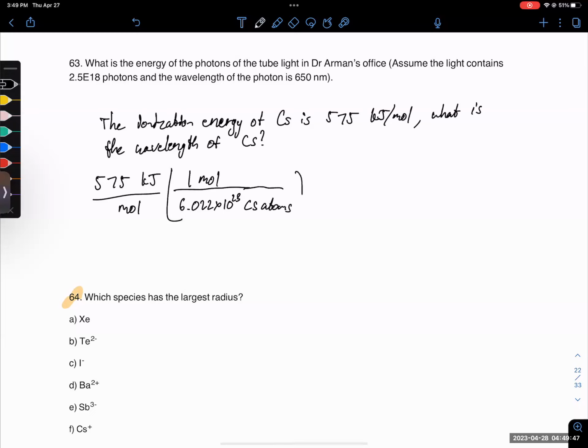So our units are now kilojoules per cesium atom, because the moles cancel. Then, as someone said, we convert the kilojoules into joules. How many joules are in a kilojoule? Exactly 1,000. So this is our E.